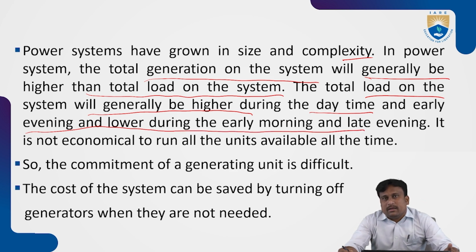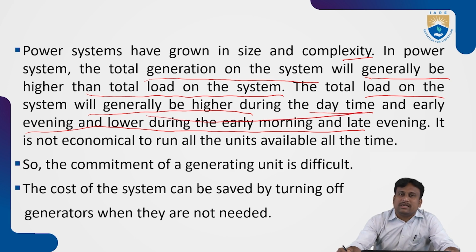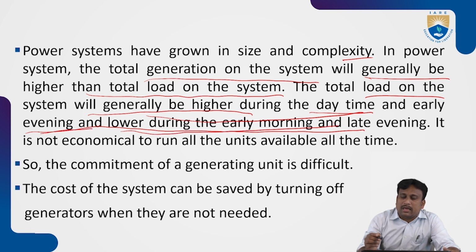So it will be scheduled according to the time sequences. That means the total load on the system is higher during the daytime. Load consumption is more in the day session and in the early evening, and lower during the early morning.